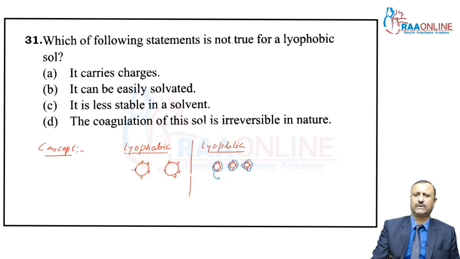This is the water molecule layer, the water layer. So, my dear students, you can see the water layer is present on the surface of lyophilic, but this layer is not present in lyophobic. This is the difference. So, lyophilic is more stable than lyophobic. Here the size of lyophilic is greater.